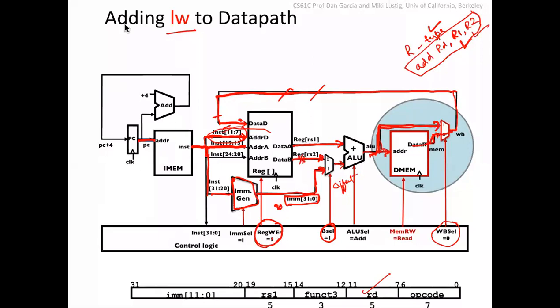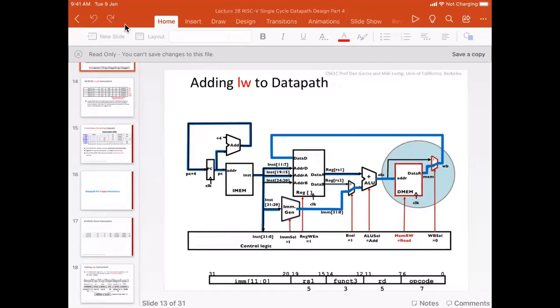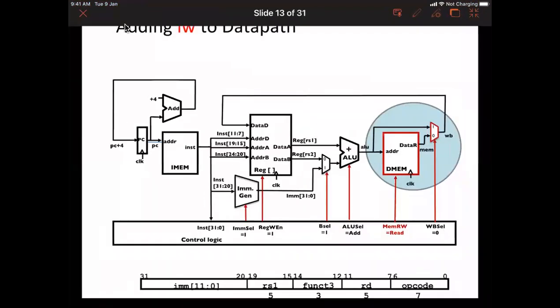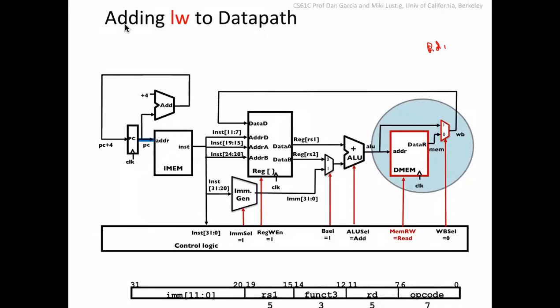So first, R1 and R2 are to be added. These two fields of the instruction come here, where we get the addresses of R1 and R2, and R1 will be read here, R2 will be read here. You need to give the appropriate control signal, which should be 0. So this is available here.